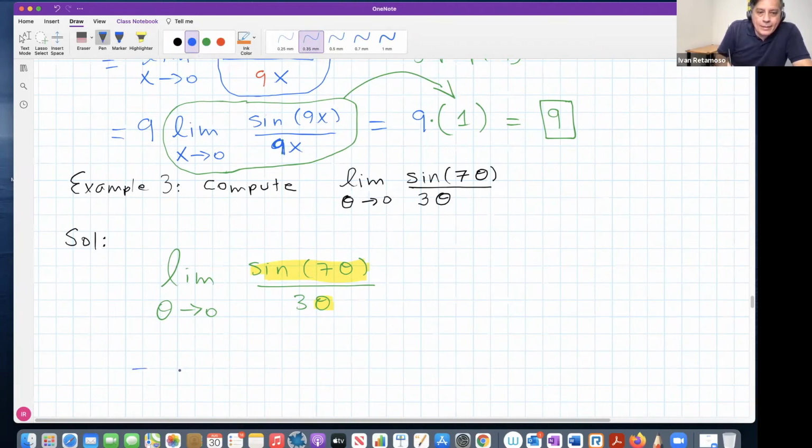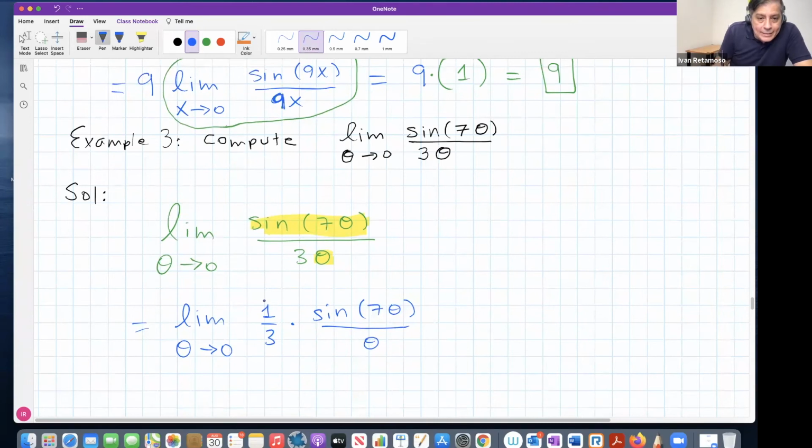So carefully do this. Limit as theta approaches 0 of 1/3 times sine of 7 theta over theta. Professor, why are you breaking this down this way? Because I know what to do with this form. We just did it before.